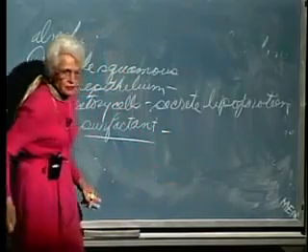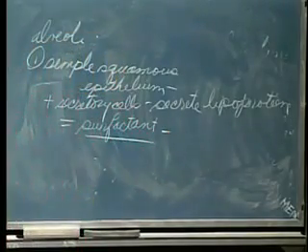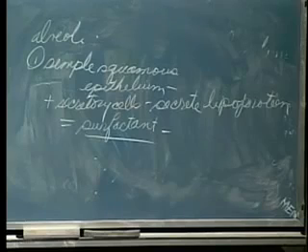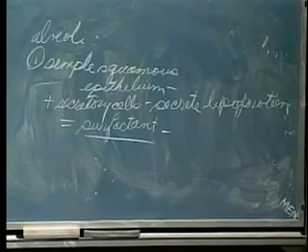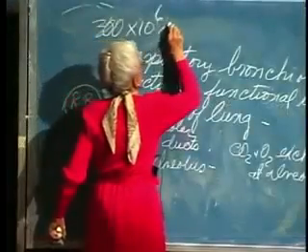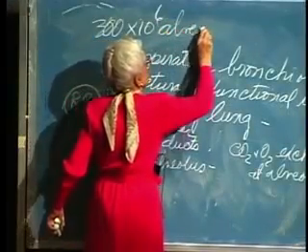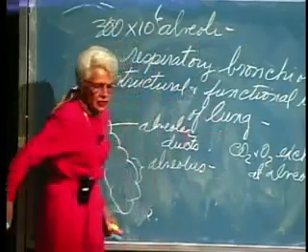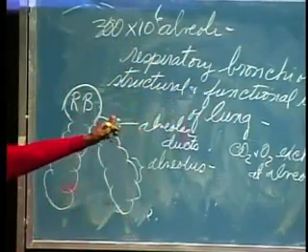Why do you need surfactant? You have all these little alveoli. Do you know how many you have in your lungs? They say about 300 million. So if they stretch them side by side, how big an area would they cover?